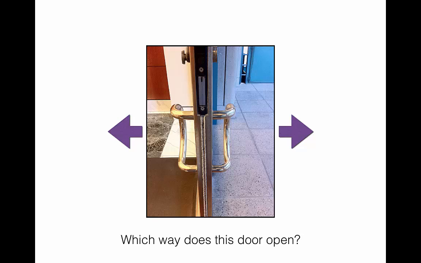Okay, let's look for some of the clues. From the picture, it looks as if the area on the left side is the inside of a building, and the area on the right side may be the outside of a building, or it may be some sort of courtyard or common area. A lot of times, doors will open out away from a building.